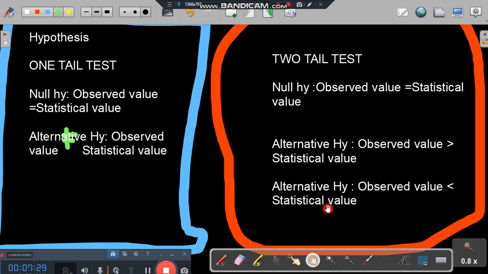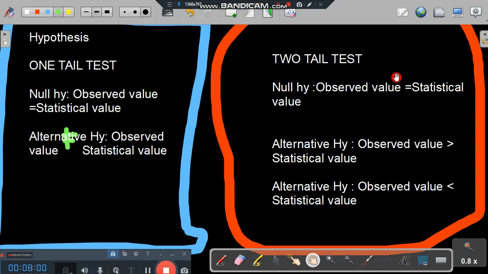The other is that we assume the observed value is less than the statistical value, because both chances are possible. One-tail test means the alternative hypothesis has only one choice, that the observed value is not equal to the statistical value.